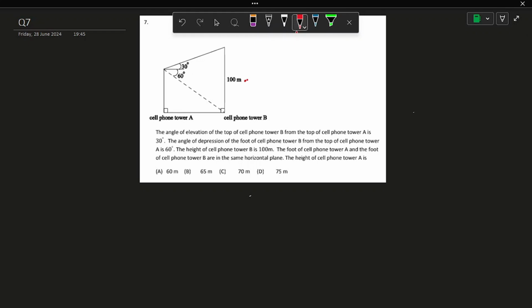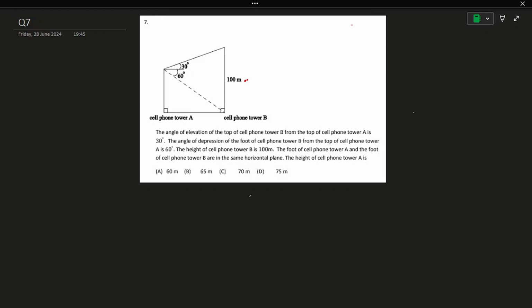The foot of cell phone tower A and the foot of cell phone tower B are in the same horizontal plane. The height of cell phone tower A is? To solve this question, we are going to do a little bit of extrapolation. We know that this will be 90 degrees, and because of this, this becomes a rectangle where this side is equal to that side.